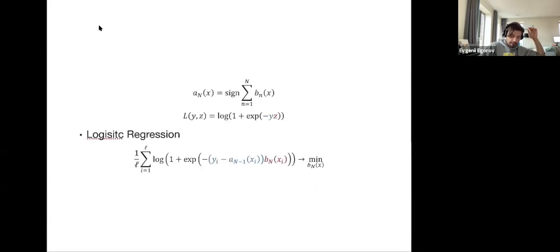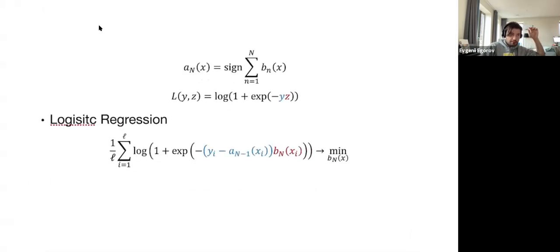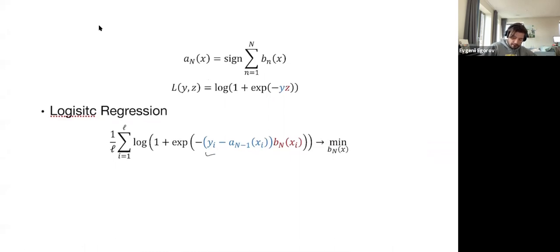But what will we obtain if we do this for a different algorithm? Okay, let's consider logistic regression. We define this term as the residual, and then put this as our target.